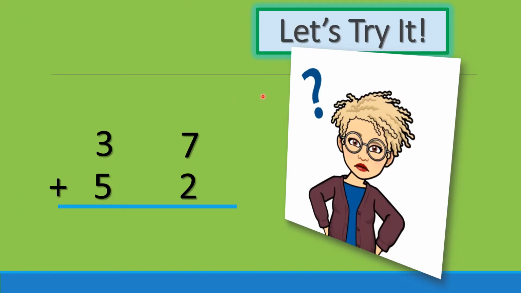If we look at 37 plus 52, there is something to consider, and I'd like for us to consider this together. Please put on your big spy eyes and your very good listening ears as we go through this one together.